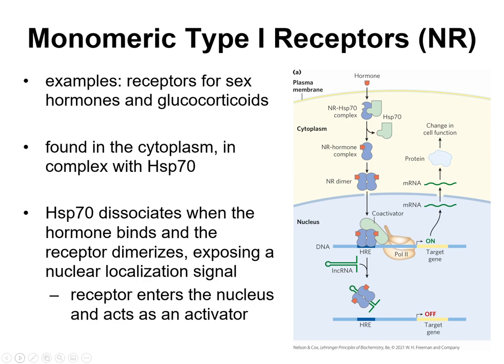Here are some examples. There's a couple of types of signaling that we can talk about. So there's monomeric type 1 receptors. An example of that would be sex hormones, glucocorticoids. They're found in the cytoplasm and they complex with HSP70.